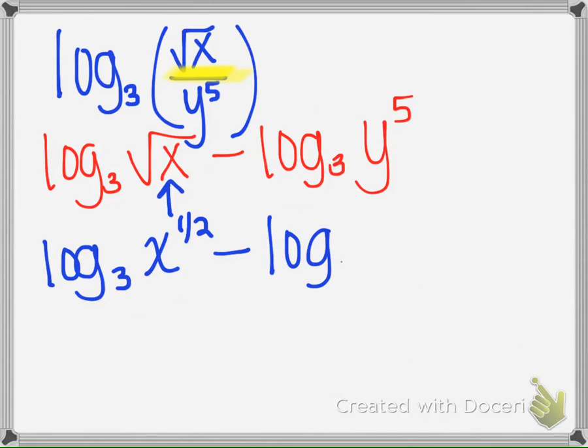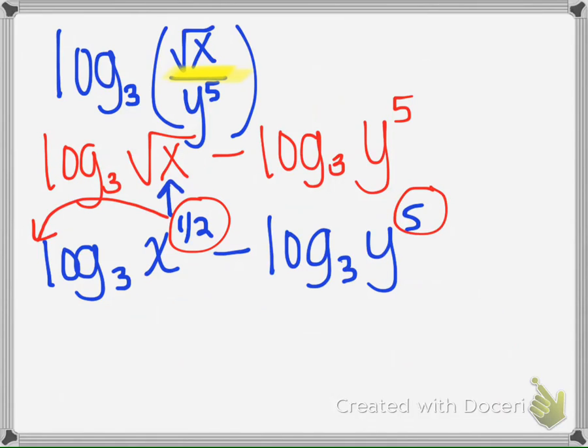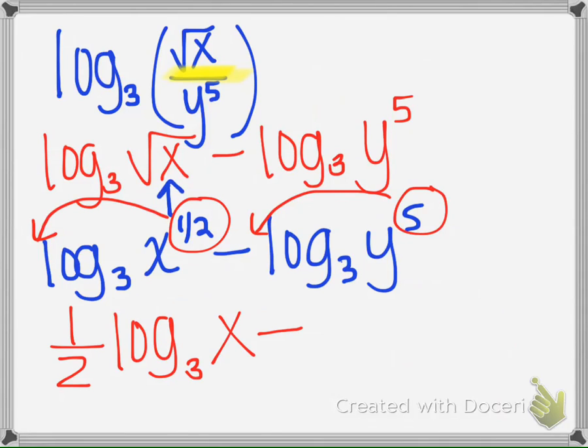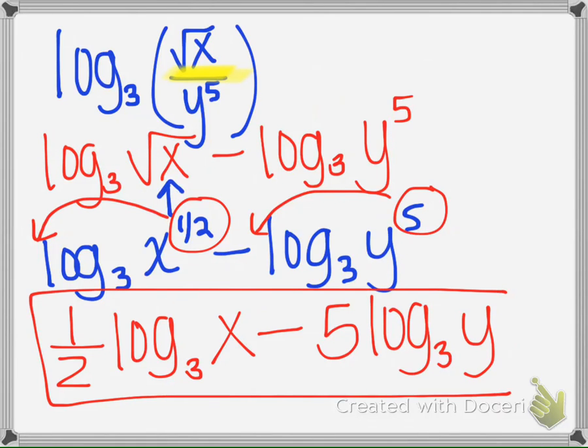And now both of these have exponents, so we know there's a property that says we can move it to the front. So we would have 1/2 log 3x minus 5 times log 3y. And that is completely expanded.